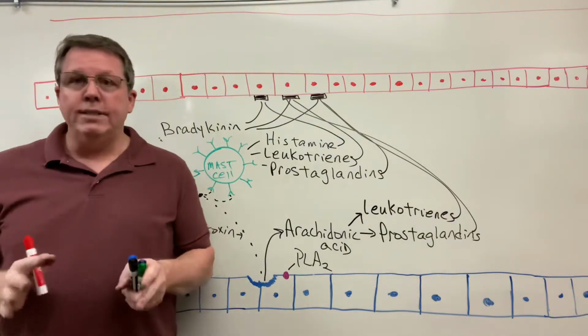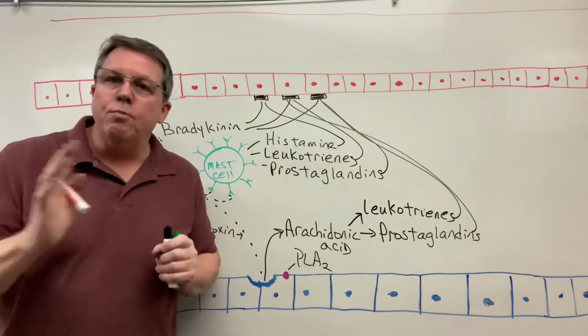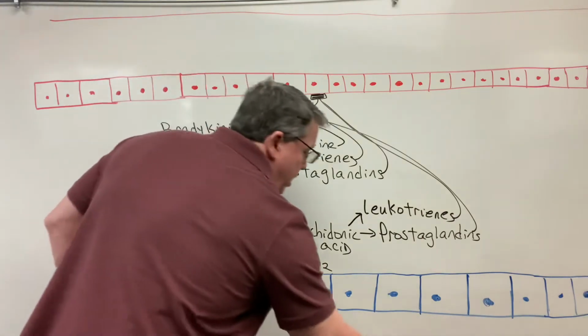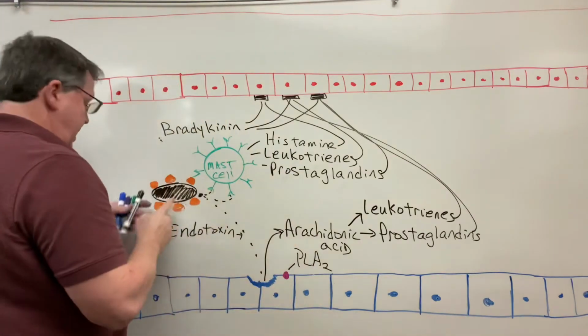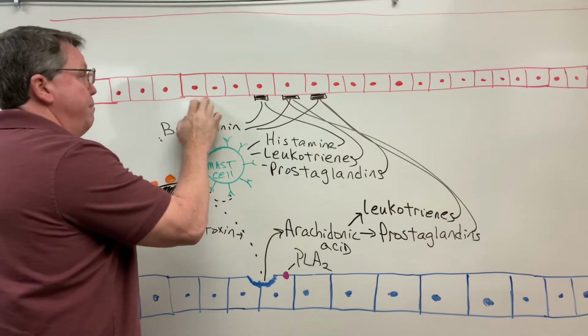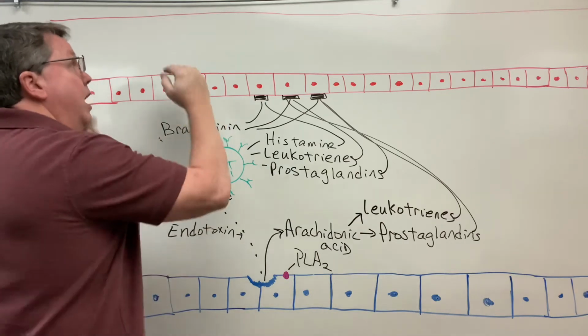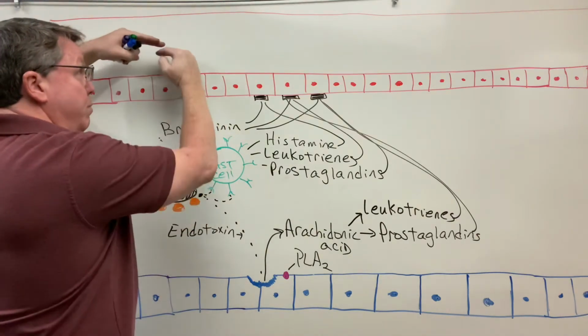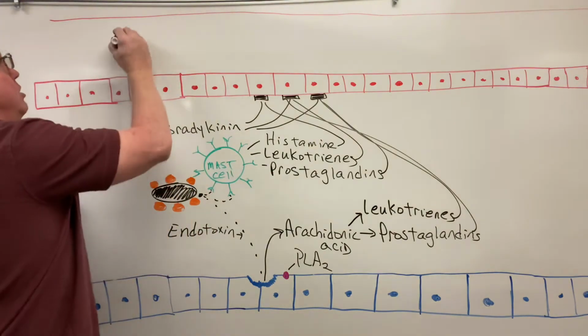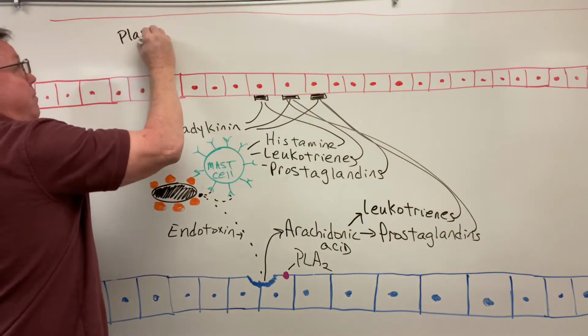Now, the reason the blood vessel gets larger is we want to start bringing more blood to the area because we need to bring more white blood cells to the area. That's one thing that's going to happen, okay? The second thing that's going to happen is not only does it cause the vasodilation, the blood vessel got bigger and we're starting to get more blood, but inside the bloodstream we have something called plasma.